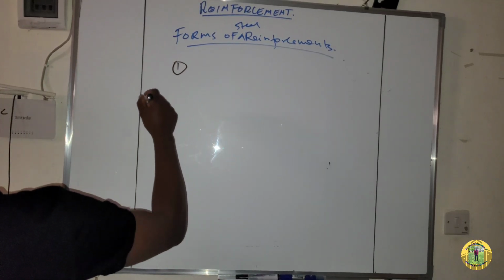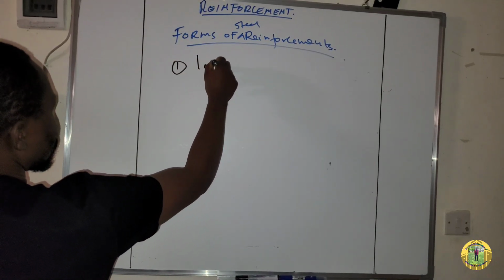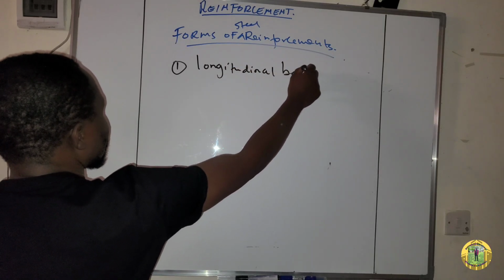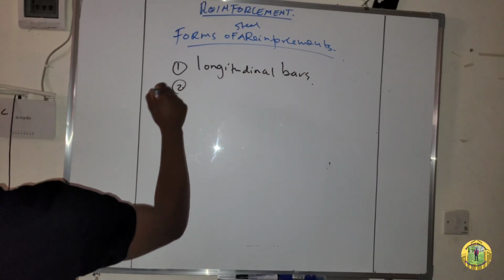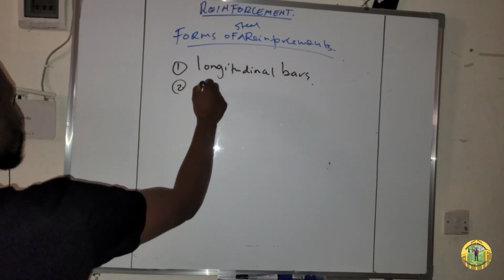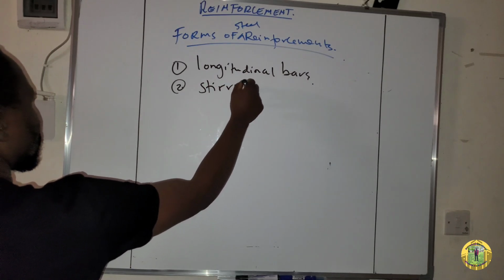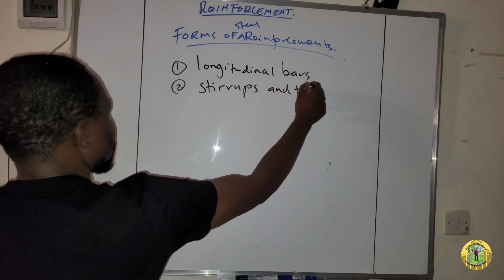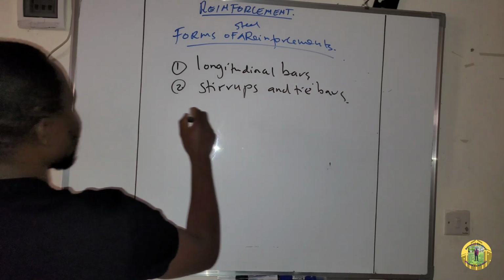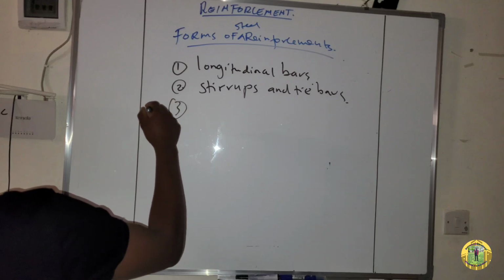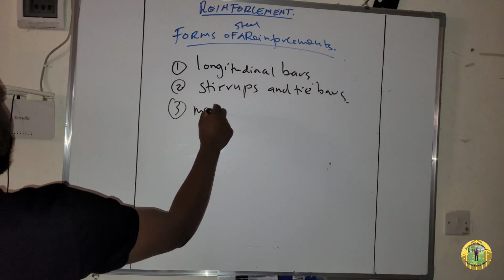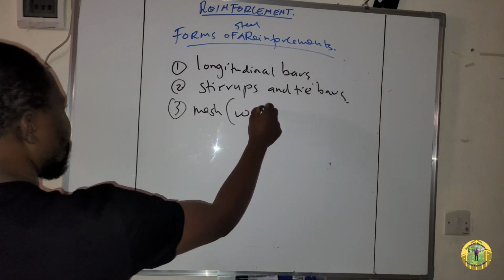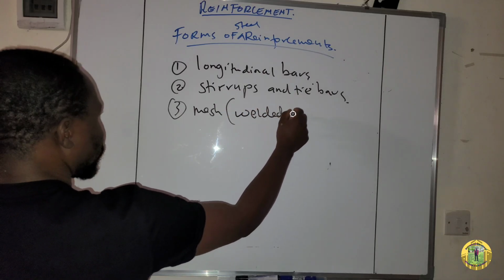Number one, we have longitudinal bars. Then number two, we have stirrups and tie bars. And then the last one is mesh, which is welded wire fabric.